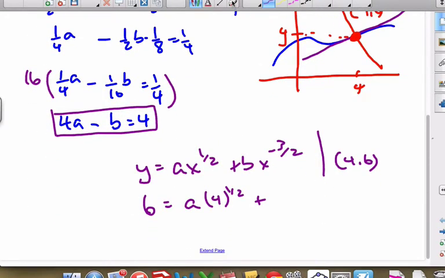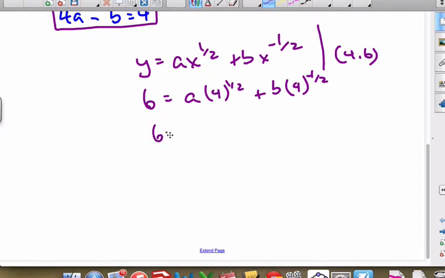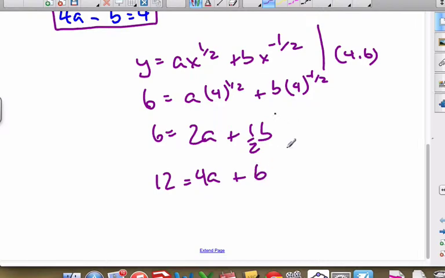This should be x to the 1/2 plus b times 4 to the negative 1/2. And I can then go 6 is equal to 2a plus, well, square root of 4 is 2. Flip it over, I get 1/2 b. Multiply everything by 2, and so 12 is equal to 4a plus b. So here is my second equation.